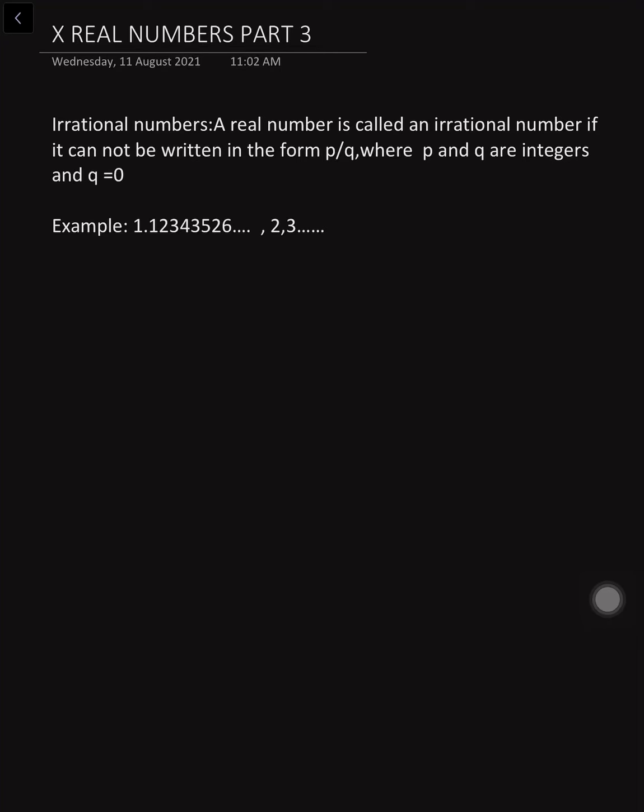Students, dear students, today we learn about real numbers part 3. Today we learn about irrational numbers. Dear students, you can recall real numbers are the union, or combination, of rational numbers and irrational numbers.